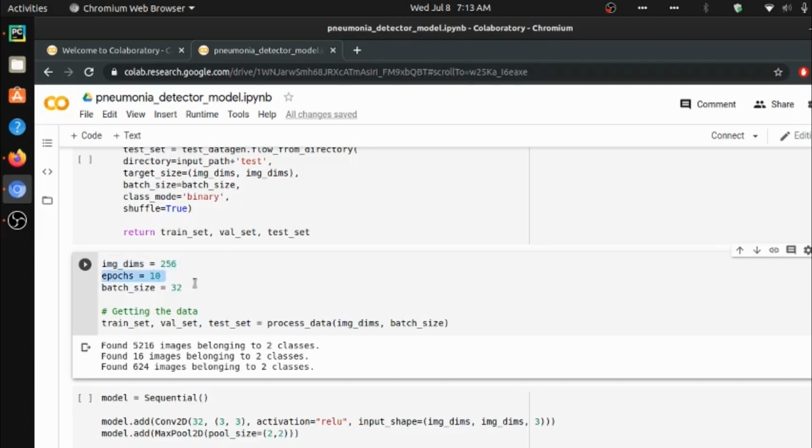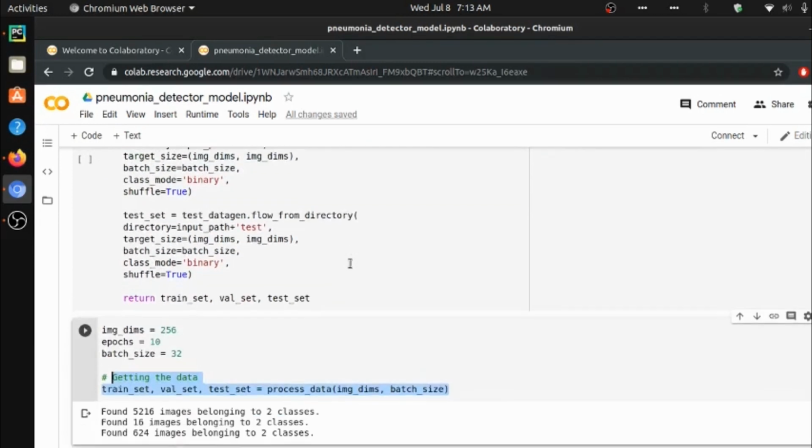This is the number of epochs. I will be explaining what epochs are and how they affect our training. The batch size is 32, and as I told you, what batch size means is basically it specifies the number of images, that is, we are not feeding the images all at once into the model while training the model, and we are training them batch-wise.